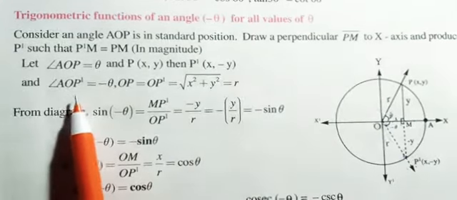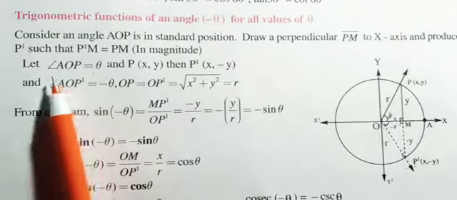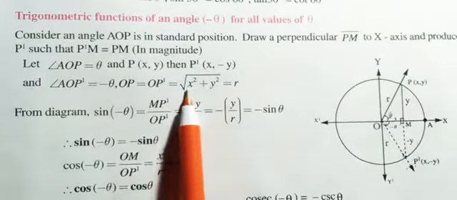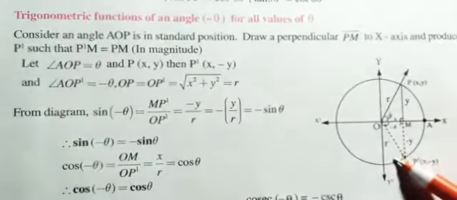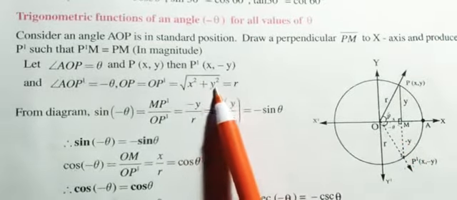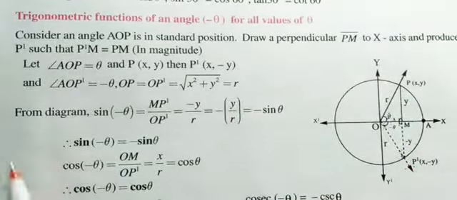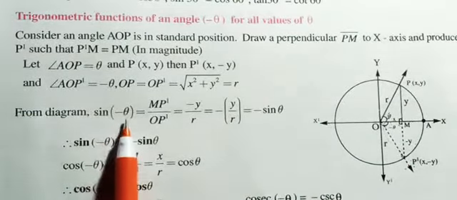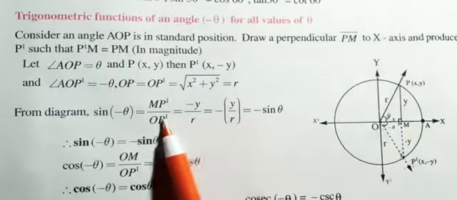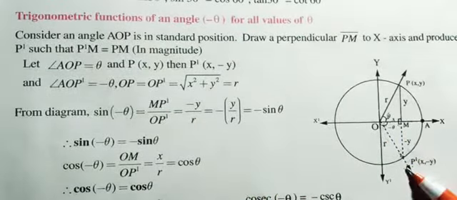It is given that angle AOP is equal to theta, angle AOP dash is equal to minus theta, and OP is equal to OP dash. This is OP and OP dash, this is the distance. Distance should always be positive, so that is root over x square plus y square, that is r. Now from the diagram, sine of minus theta is equal to MP1 by OP1.